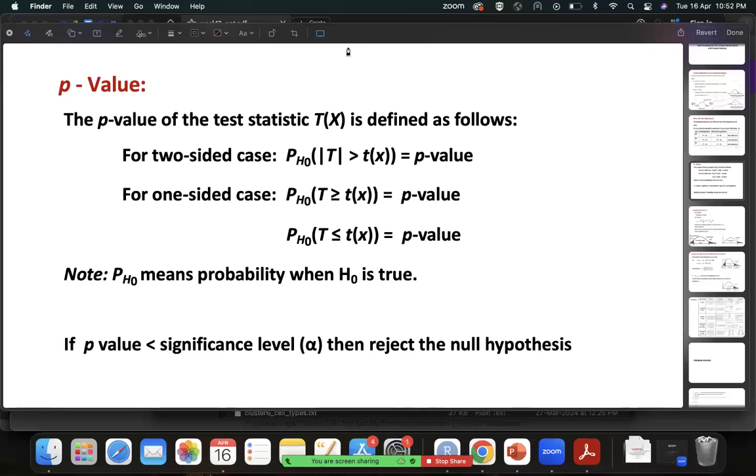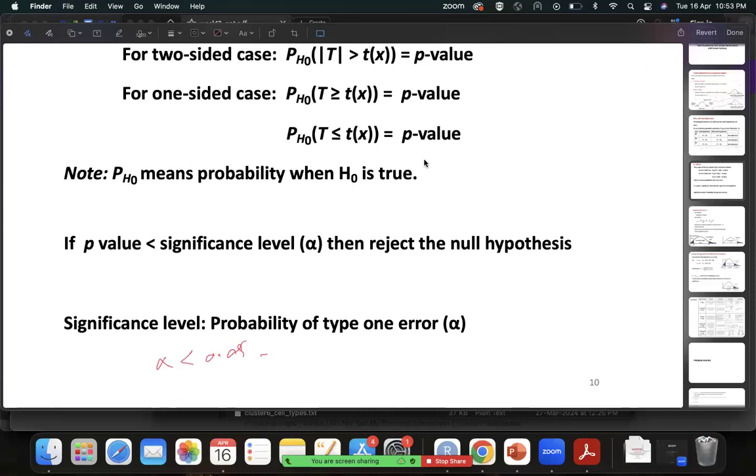If your alpha falls below 0.05 in general, you reject your null hypothesis, reject H naught. If alpha is above 0.05, you accept H naught. Alpha is basically the probability of your type 1 error.